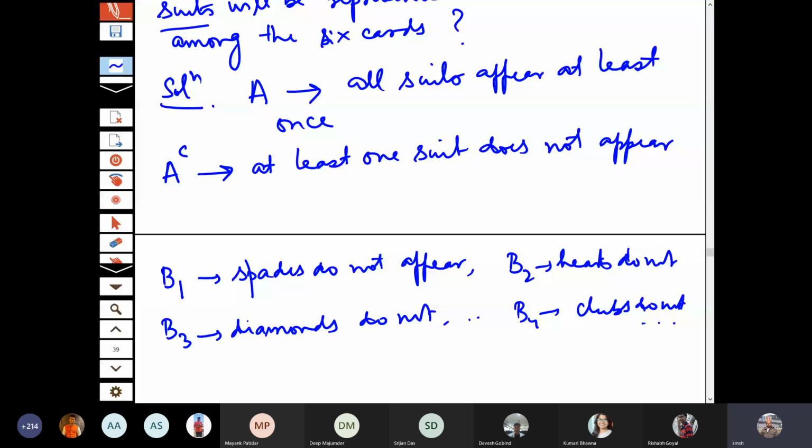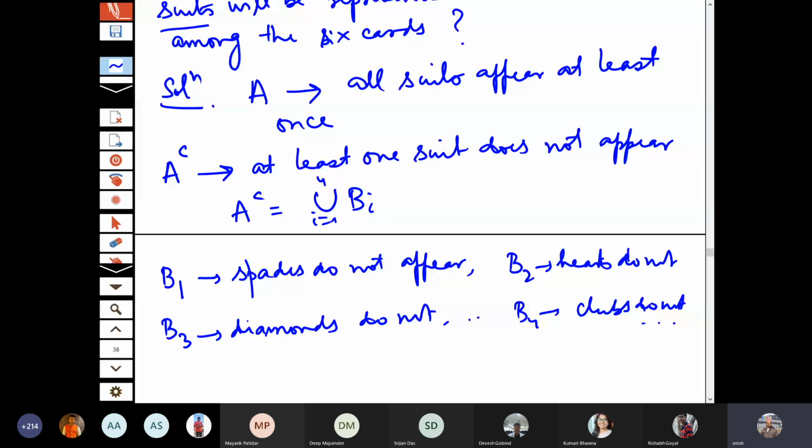Then we can write A complement as union of Bi, i equal to 1 to 4. So in order to calculate the probability of A complement, I can apply the general addition rule.